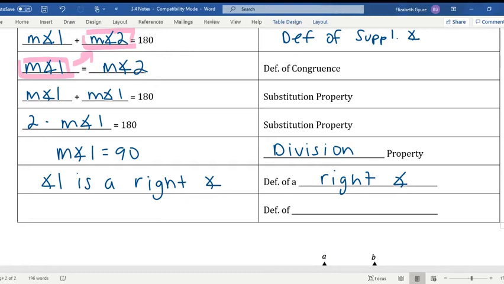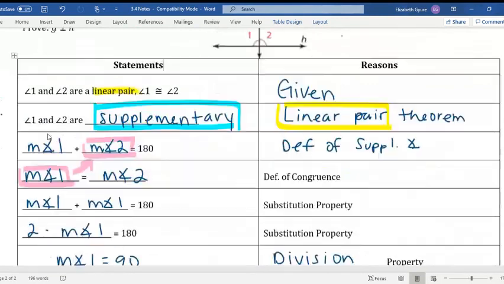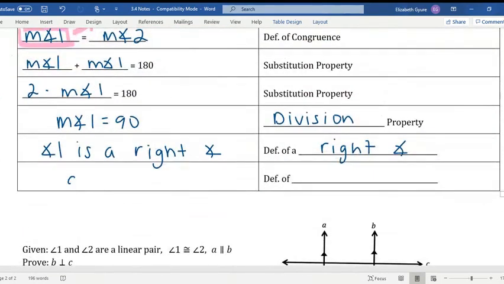Well, right angles make what kind of lines? Perpendicular. So we're going to then say, what are the names of my lines again? G and H. We're going to then say that line G is perpendicular to line H by the definition of perpendicular. Ooh, except I can't spell perpendicular.